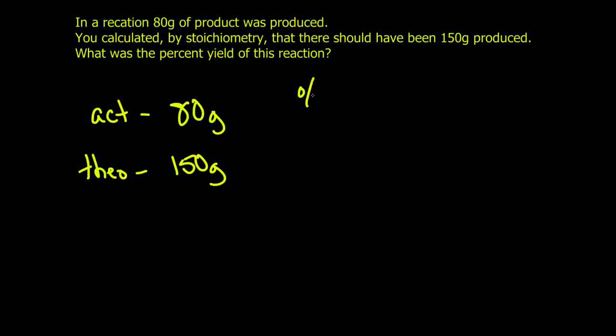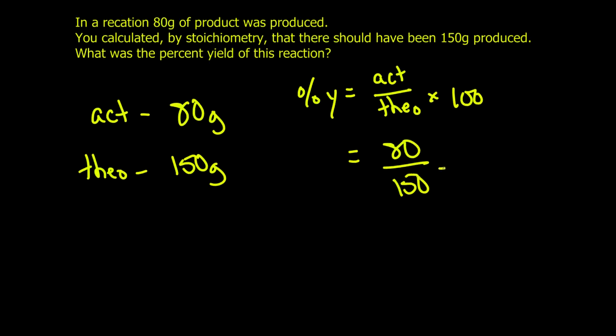So percent yield, I'm just going to put percent Y, is equal to the actual over the theoretical times 100. So you just take these values, plug it in. So the actual was 80, theoretical was 150.